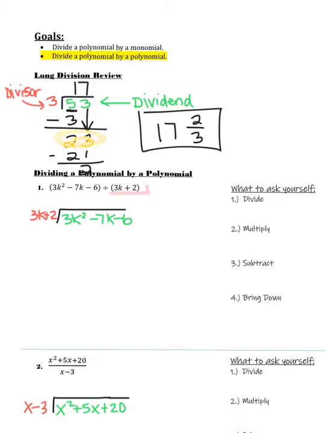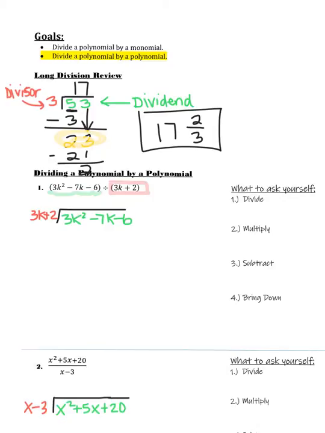Okay, so this part here is my divisor that I'm going to divide into that trinomial. So take a look at the setup. Remember, we want to put our divisor out in front, and then the dividend, or the part that we are dividing into, goes underneath our division symbol.